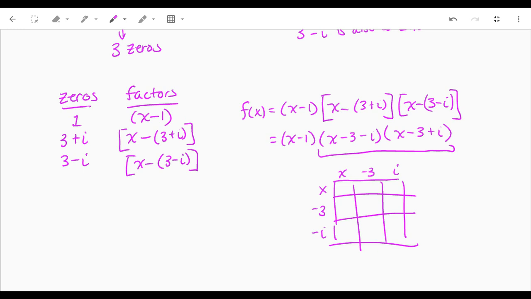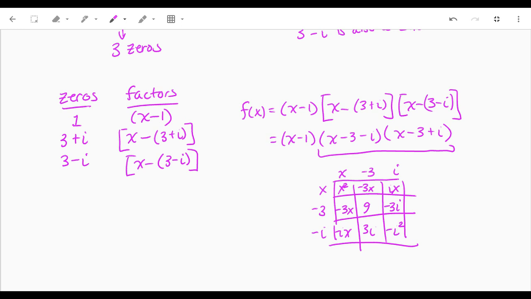So we'll have x squared minus 3x, and then we have ix, minus 3x, 9, and minus 3i, minus ix plus 3i, and minus i squared.